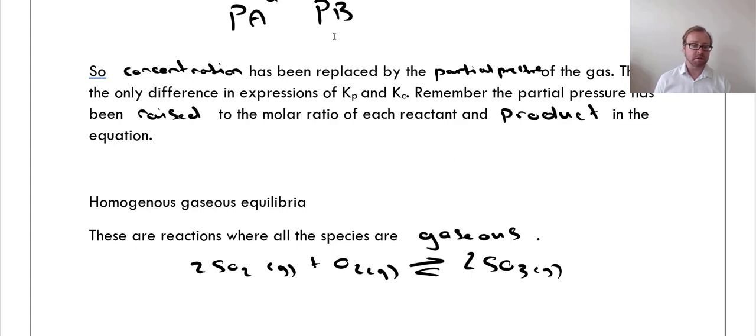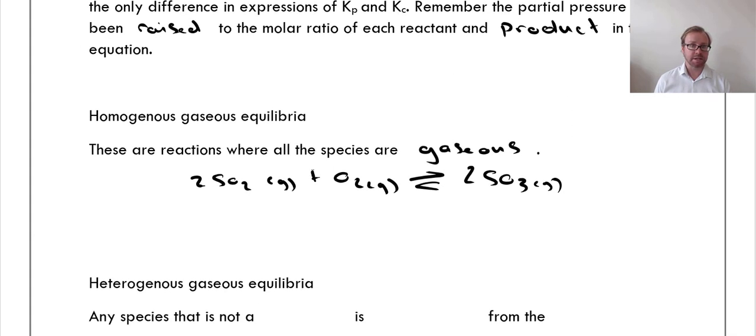So we use this value as a Kc expression, even though it's got gases in. Occasionally this does happen, but really, if you've got gases, it should really be a Kp expression. It does depend on the exam board you're doing. Okay, so these are the reactions where all the species are gases.